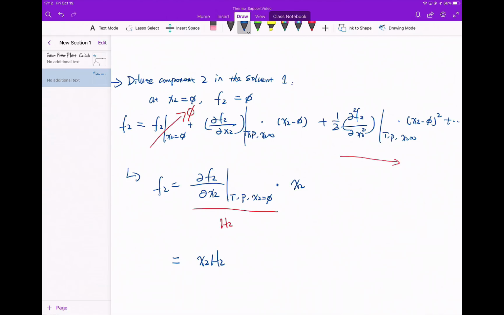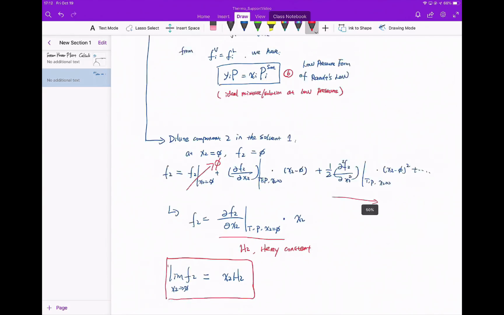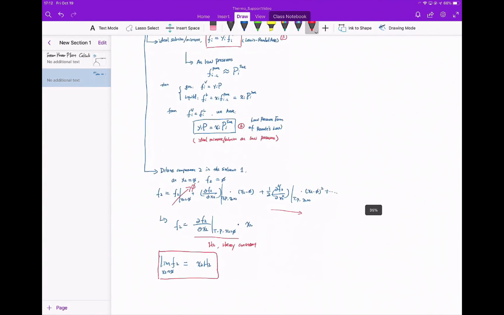Okay, this is the Henry's constant. So this is f2. Of course, we need to satisfy this as x2 goes 0, and we have this equation. This is equation 7.